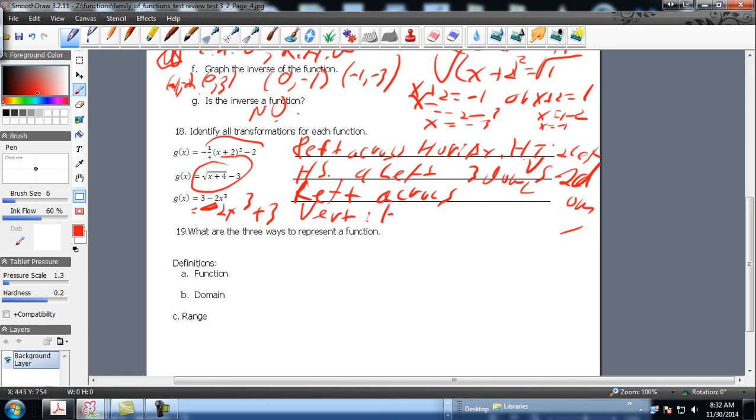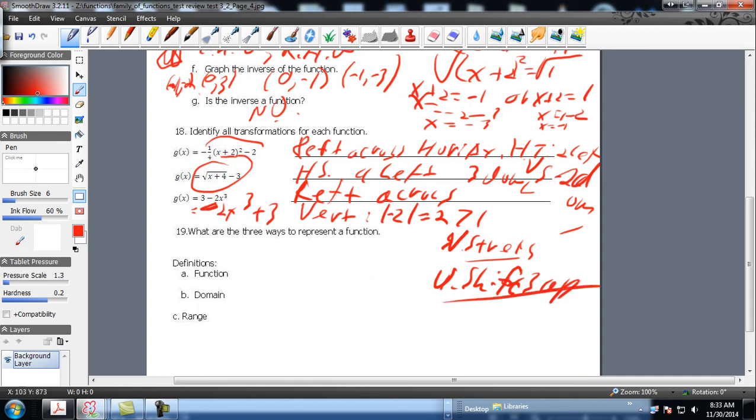So technically when you say magnitude, you're looking for the absolute value of it. That is greater than 1, so it's a what? Vertical stretch, right? Now you have plus 3. That means we have a what? Vertical shift of 3 up. Shift 3 up. Done.